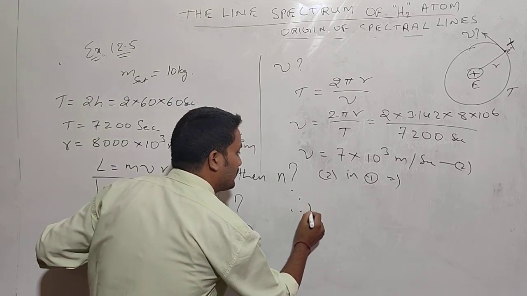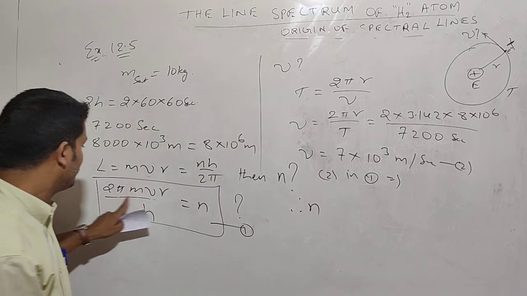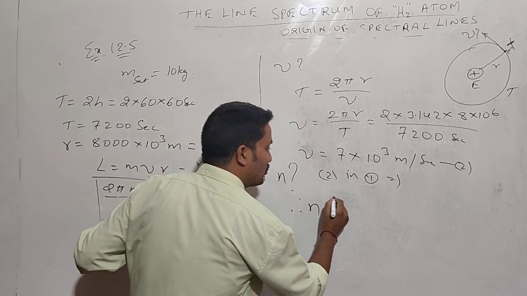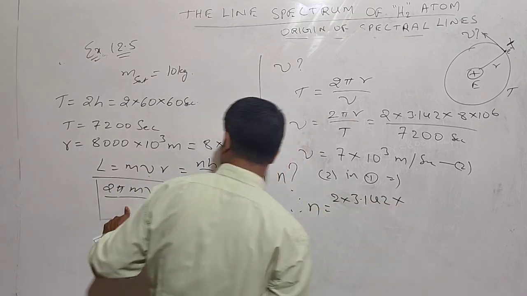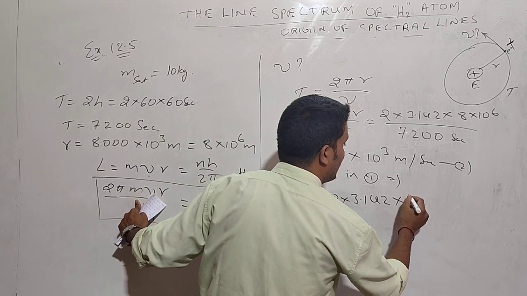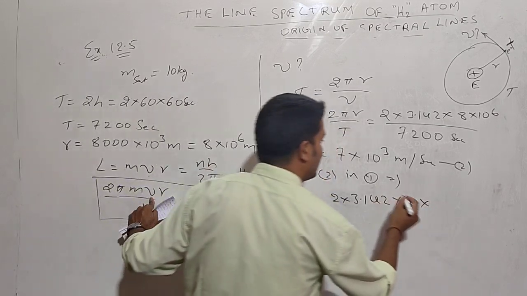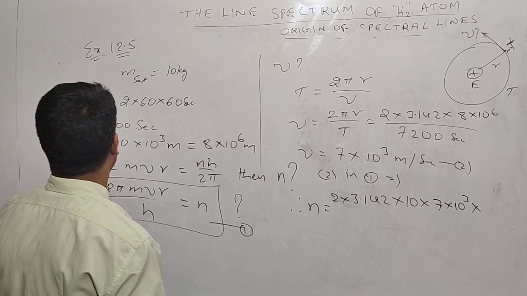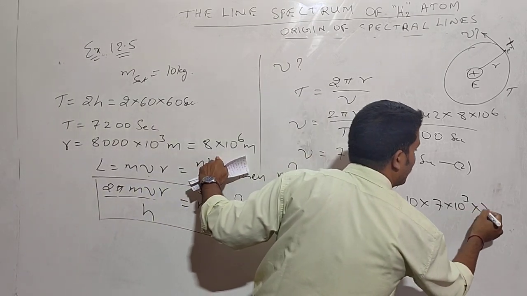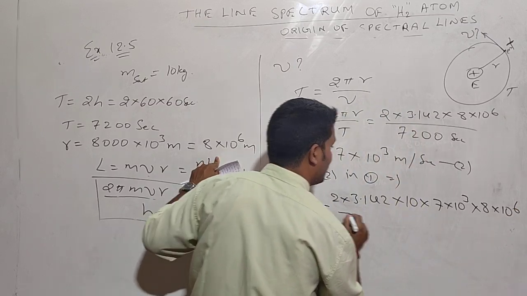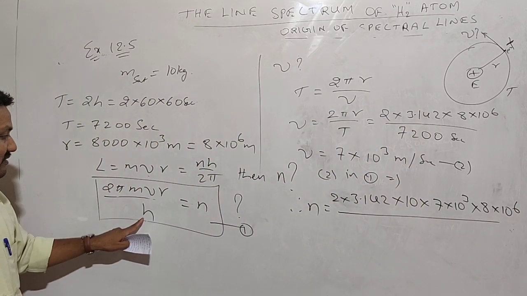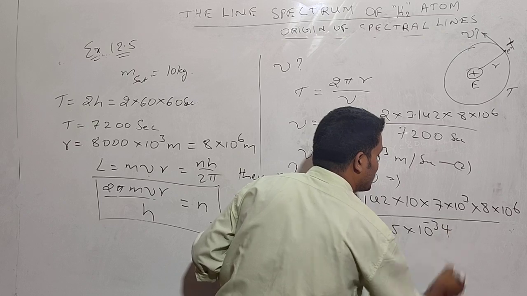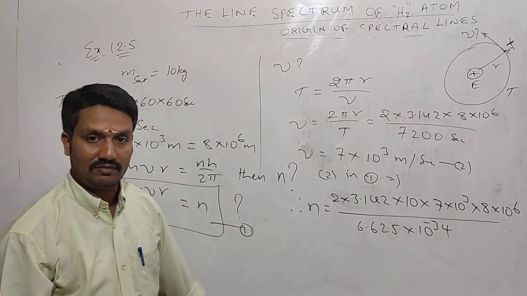Therefore the quantum number n is equal to 2 pi mvr divided by h. Directly submitting those values: 2 into 3.142 into the mass of the satellite 10 kg, into the velocity 7 into 10 power 3, into the radius of the orbit 8 into 10 power 6, whole divided by h, which is 6.625 into 10 power minus 34 joule seconds.